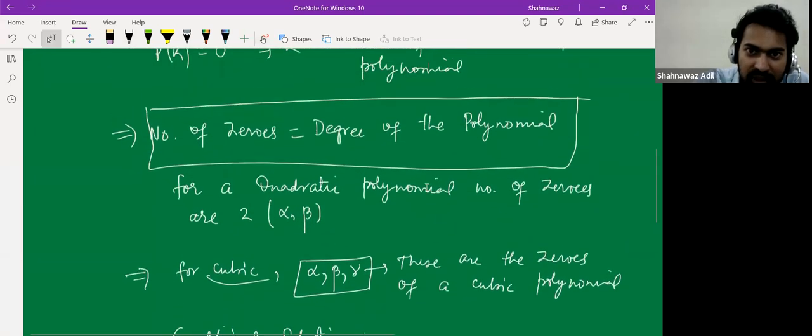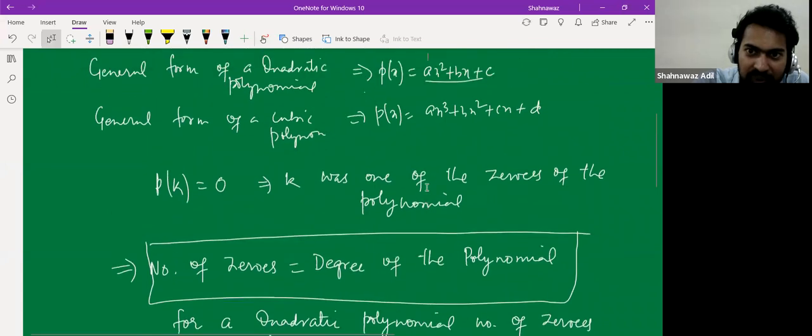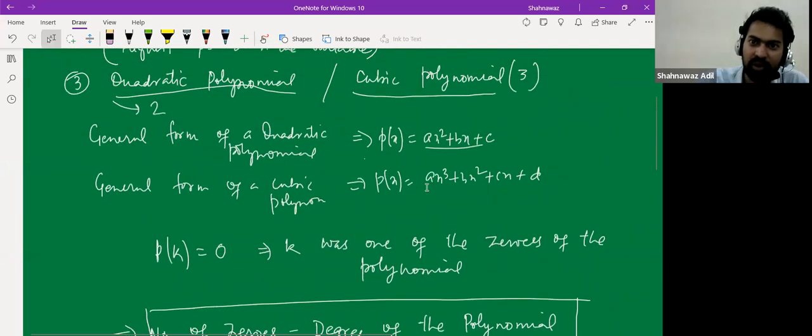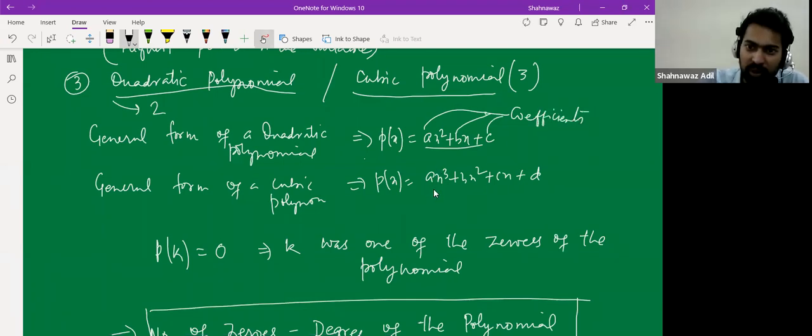For a quadratic polynomial, these are the coefficients: a, b, and c. And for a cubic polynomial, these are a, b, c, d.